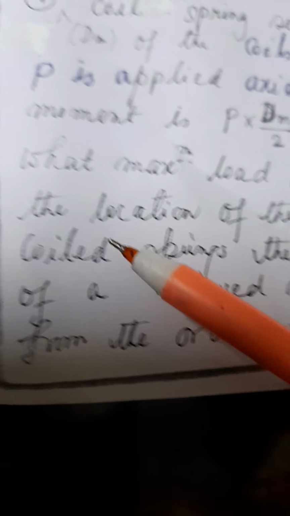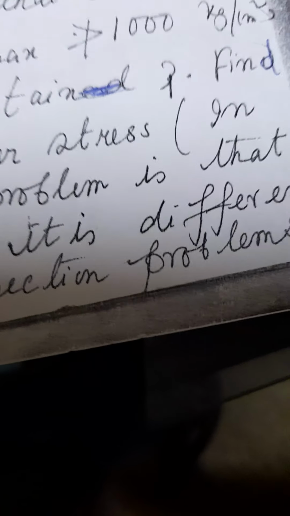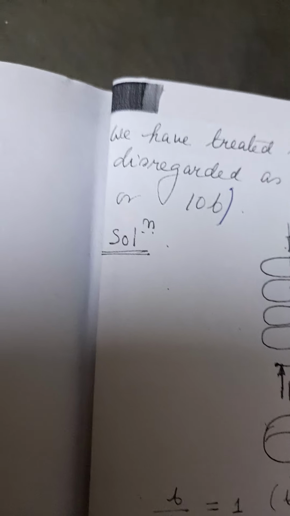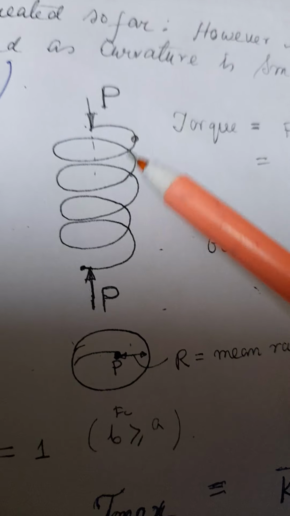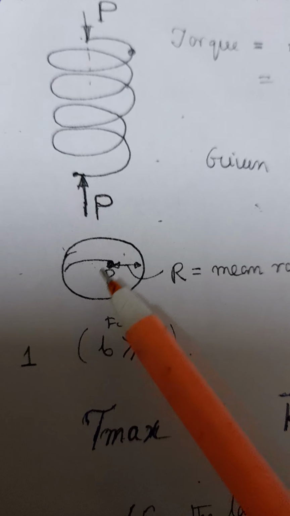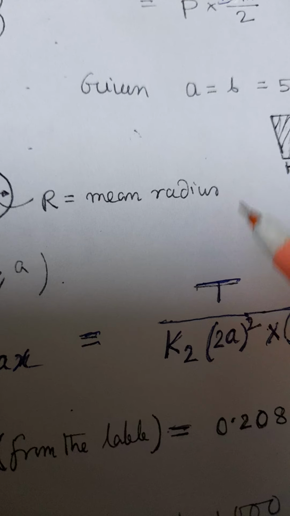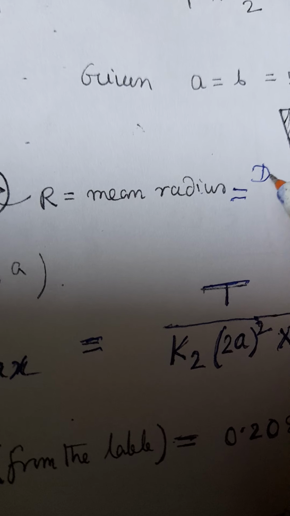Find the location of the maximum shear stress. Now this is P and this is the spring, and R is the mean radius, equal to dm by 2.